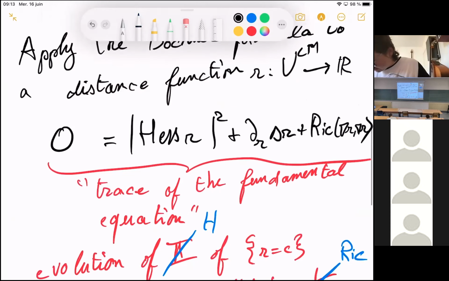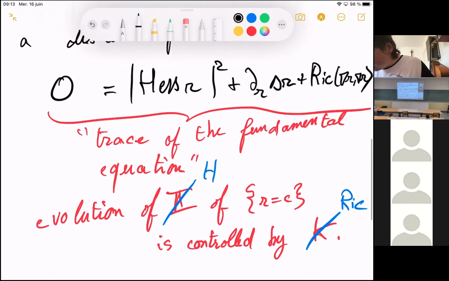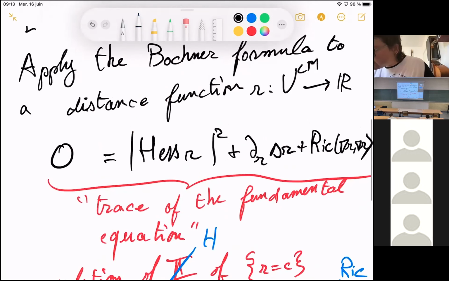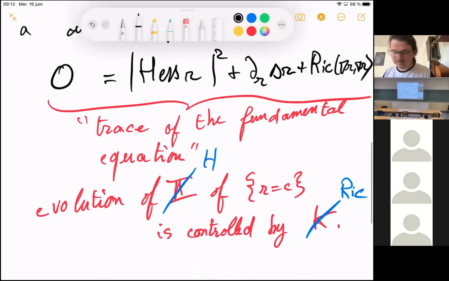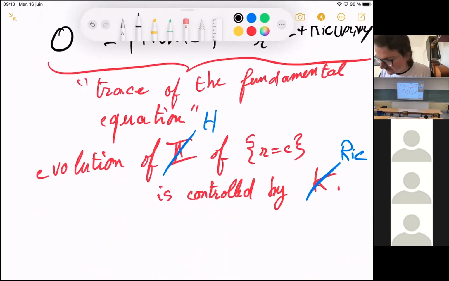Now let's try to get something more manageable by assuming that we have a lower bound on the sectional curvature. Maybe first note the following.